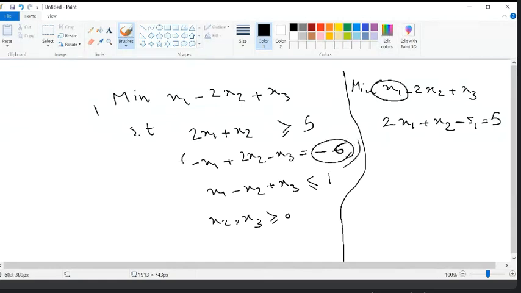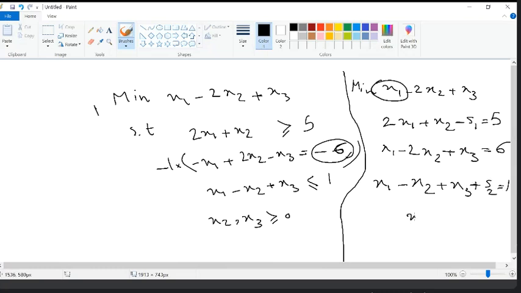We don't have negative values; it must be a positive value. Multiply this by minus 1, and we have x1 minus 2x2 plus x3 equal to 6. And x1 minus x2 plus x3 plus s2 is equal to 1. x2 and x3 greater than or equal to 0.